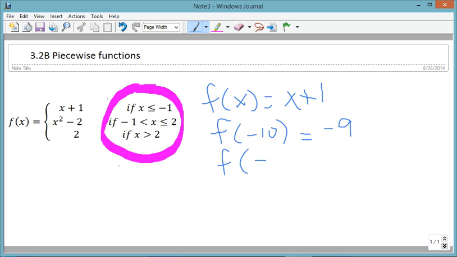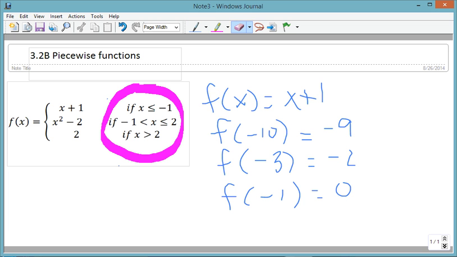For f of -3, I would get -2. For f of -1, because it could be equal to it, I get 0. But what if x isn't less than -1?